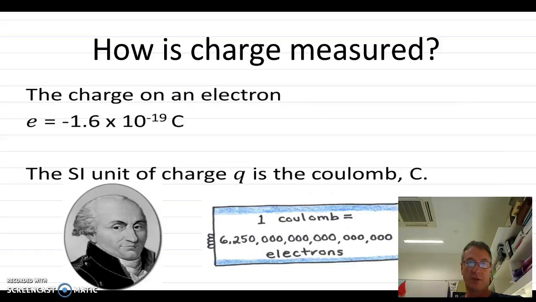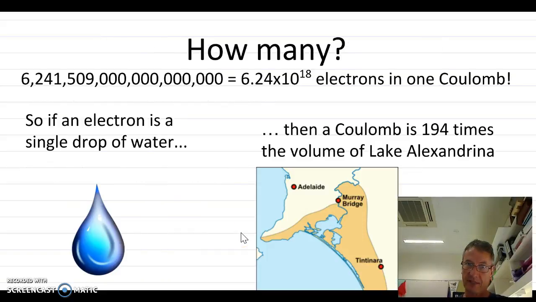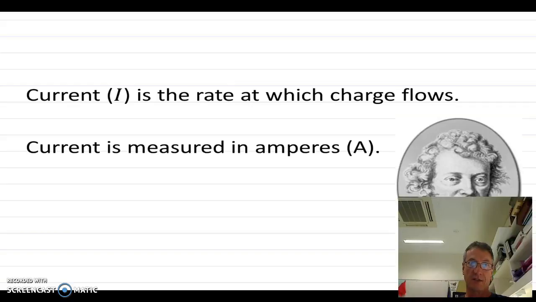So the standard unit of charge is called the coulomb, and 1 coulomb of charge is equivalent to this many electrons. It's a lot. So current is the rate at which charge flows, and current is measured in amperes.